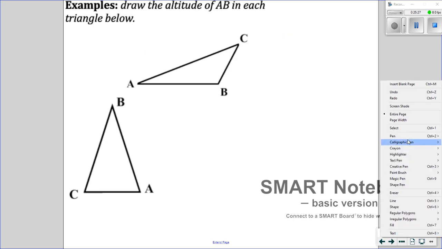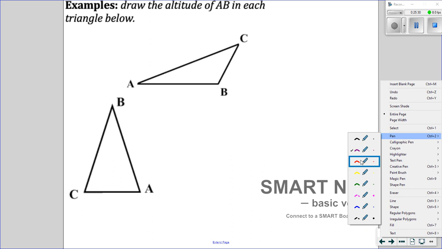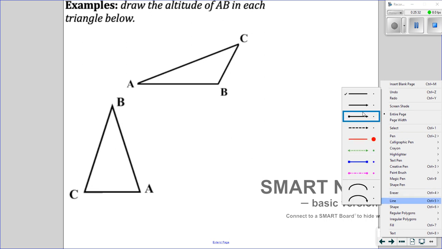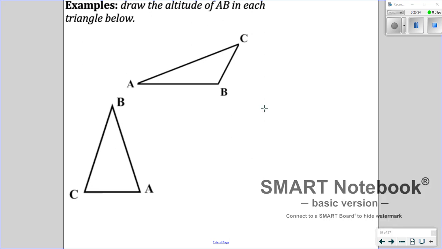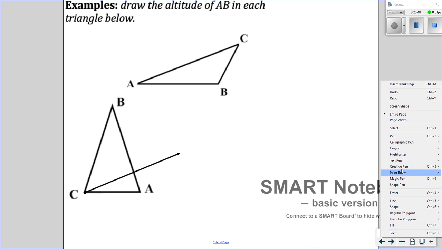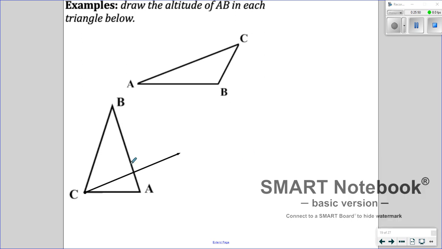So with this one, I'm just basically starting from the vertex. So this is my vertex. Actually, I'll start with this one, C. Yeah, C, and just make a line perpendicular to AB. And I'm just going to label all my points that I need.